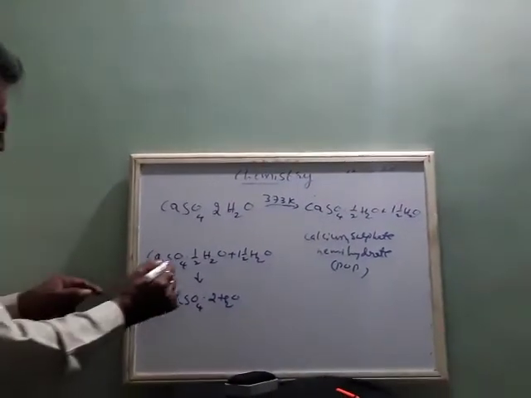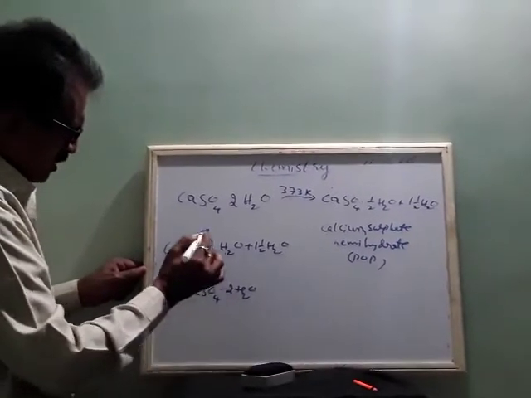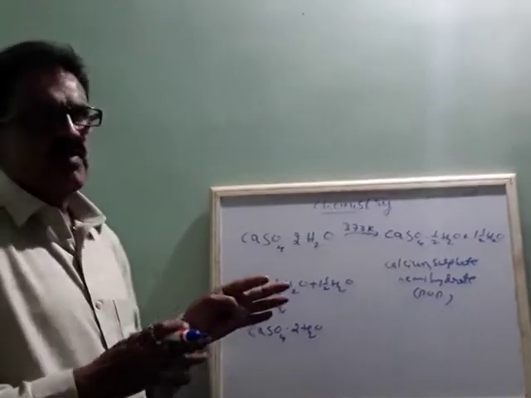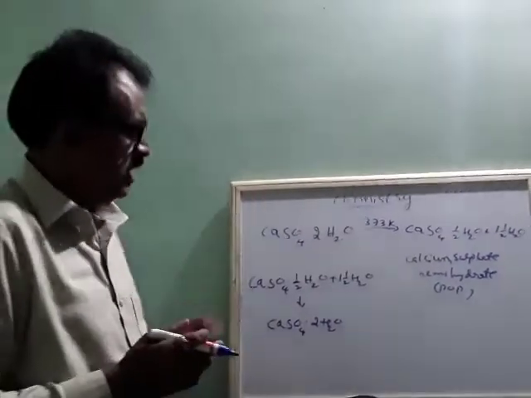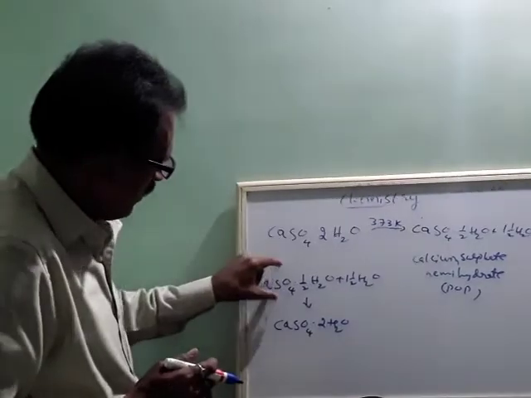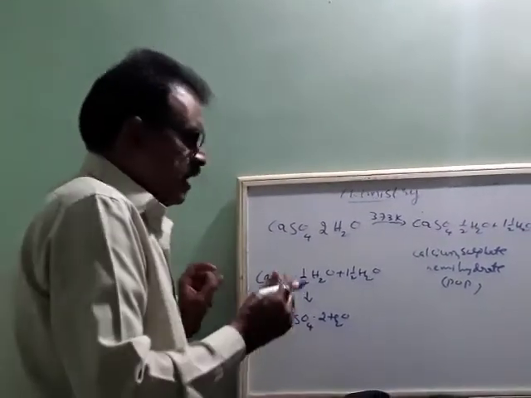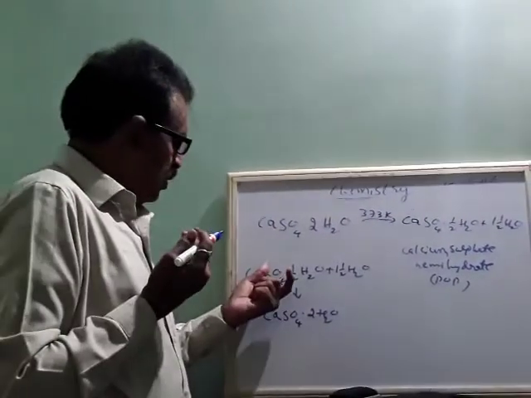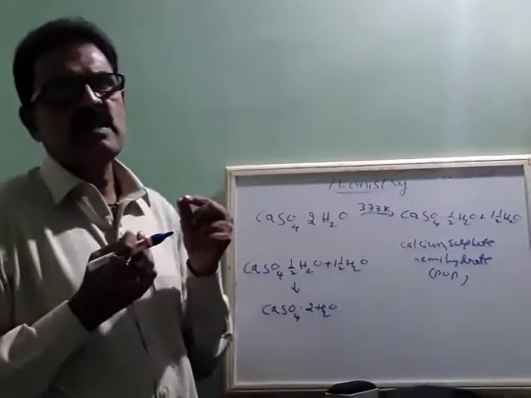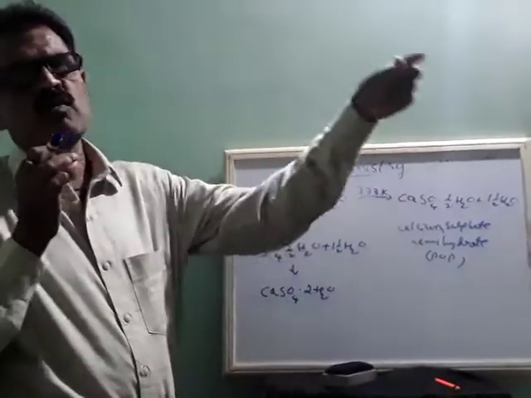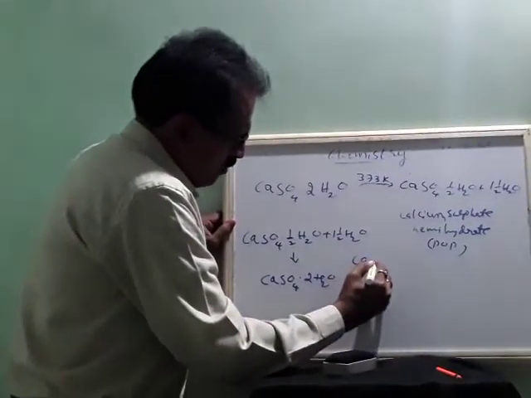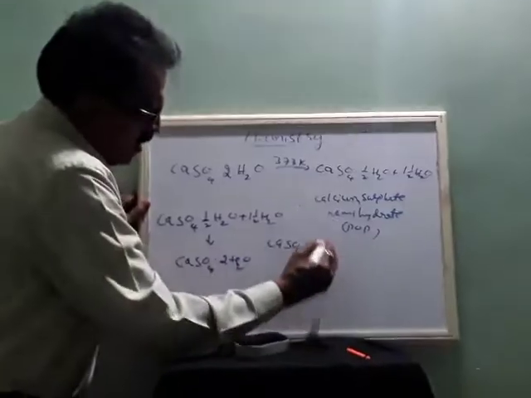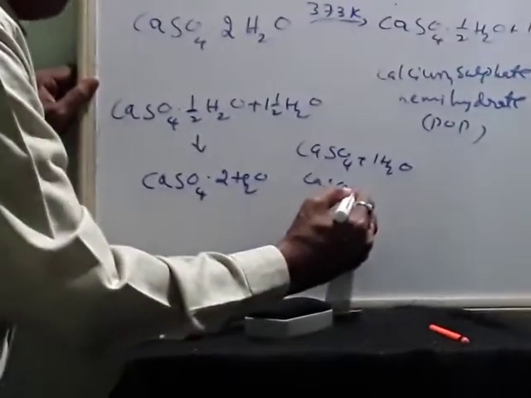But why this? What does this half indicate? The half does not mean that calcium sulfate will take half a molecule of water. Actually, CaSO4 dot half H2O indicates that 2 molecules of calcium sulfate will take 1 molecule of water: one CaSO4 takes one water molecule and one more CaSO4 takes one water molecule.